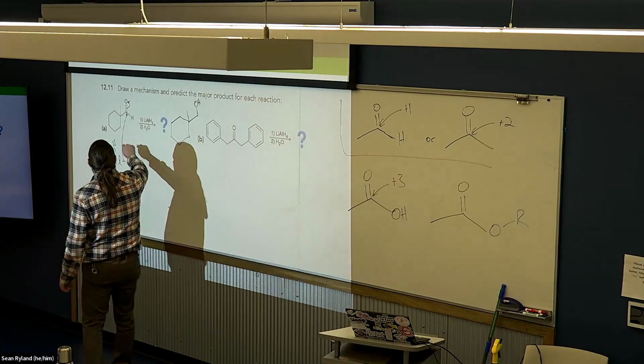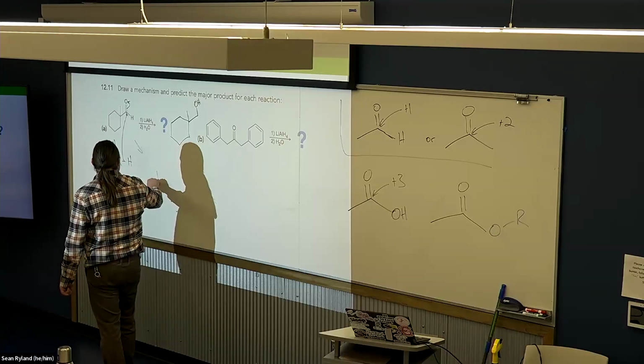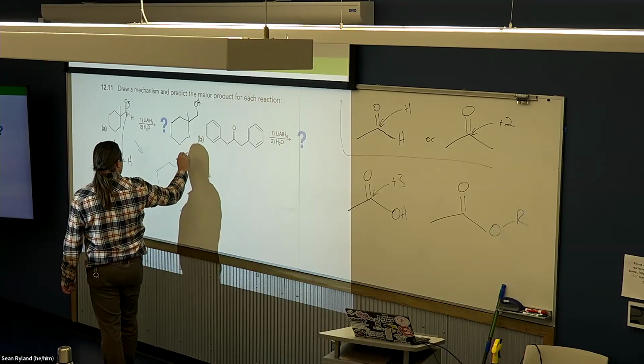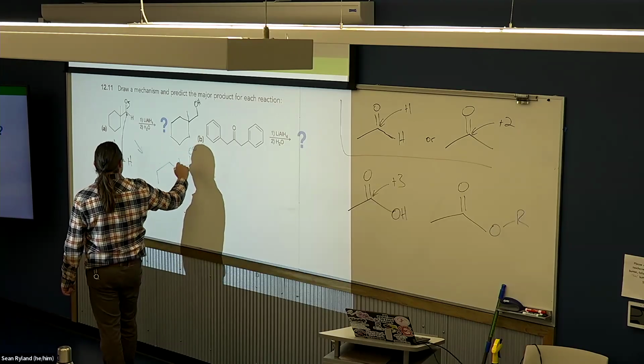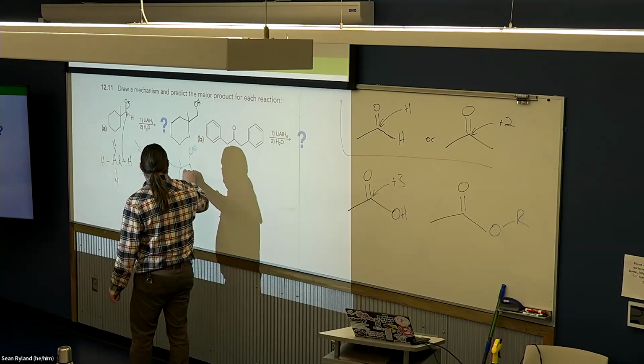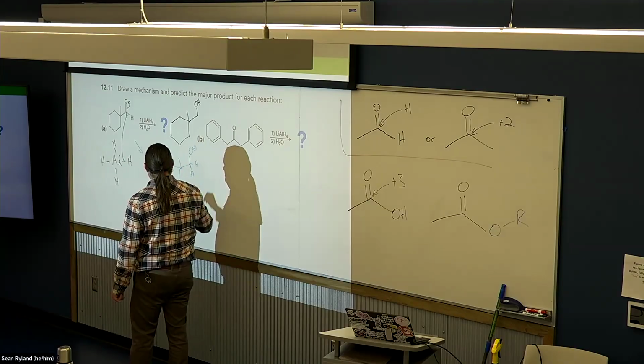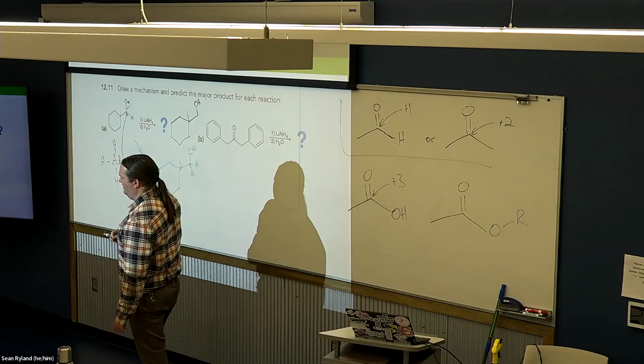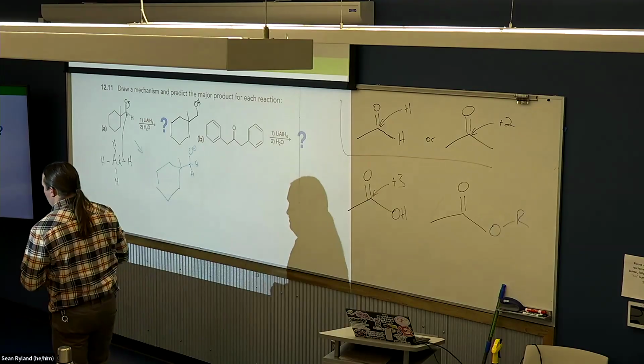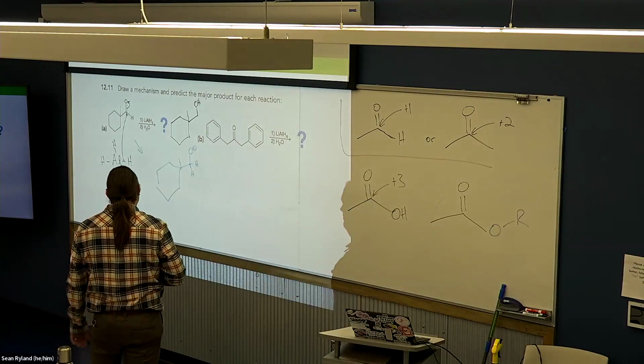So then we get an intermediate that looks like this. Now this carbon has 2 hydrogens on it. We wanted to draw the hydrogens, in this case, to show that we added a hydride there.